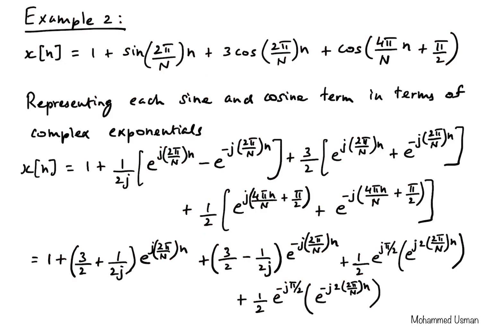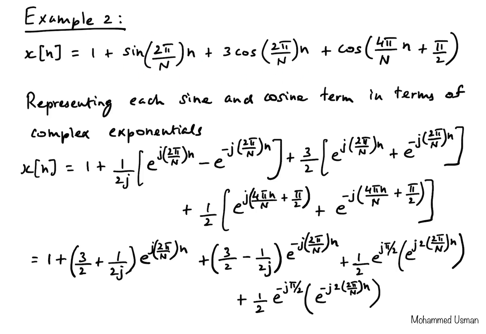Now, next we are going to see one more example of the Fourier series representation and finding the Fourier coefficients. And using this example, I'm going to highlight some properties of the Fourier coefficients itself. So let's take this example where we have x of n given by this sum of sinusoidal components.